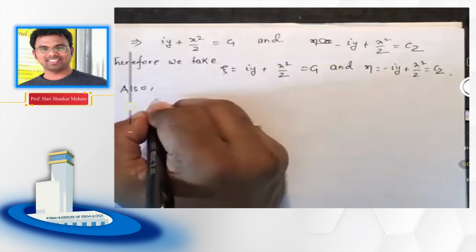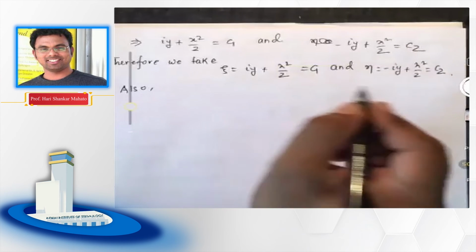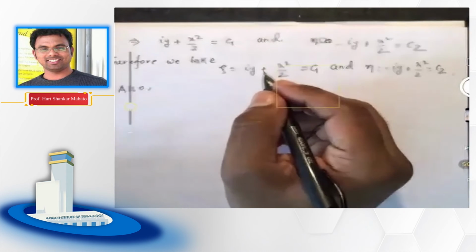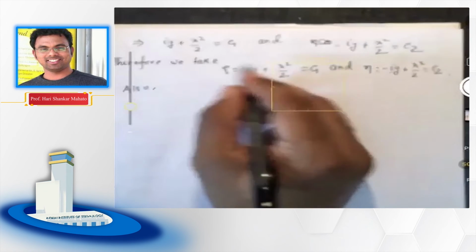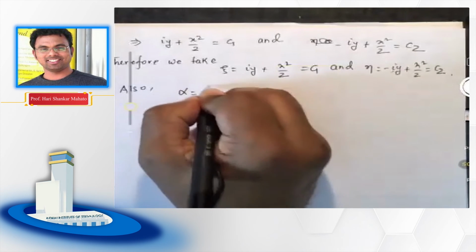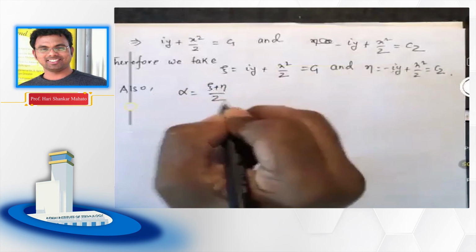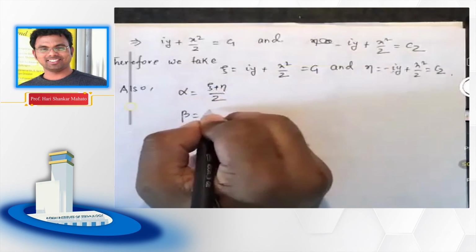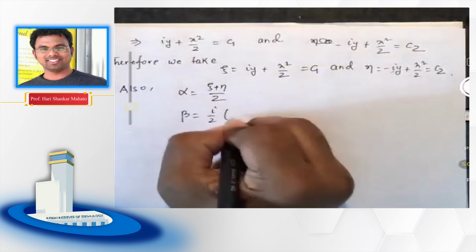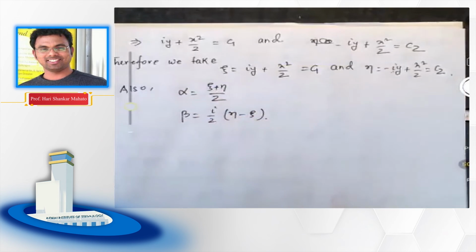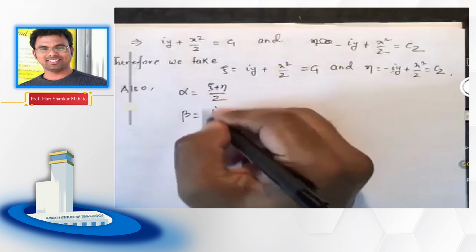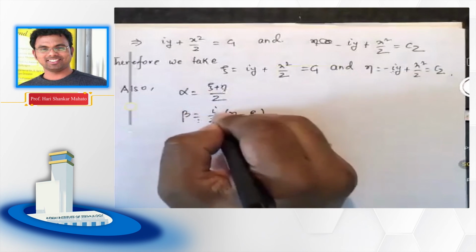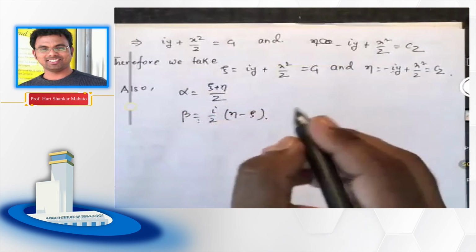Also, we can calculate if I add these two. In case of elliptic PDE, I write alpha equals xi plus eta by 2, and beta equals i by 2 times eta minus xi.